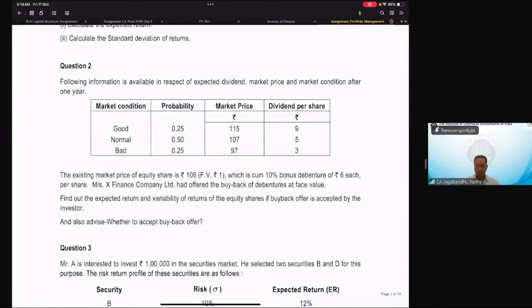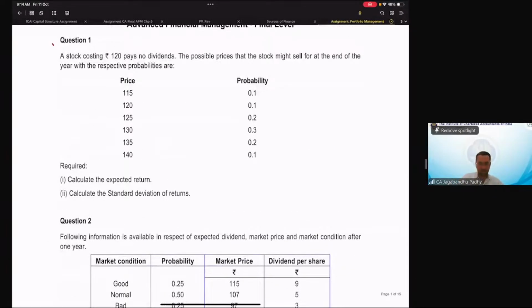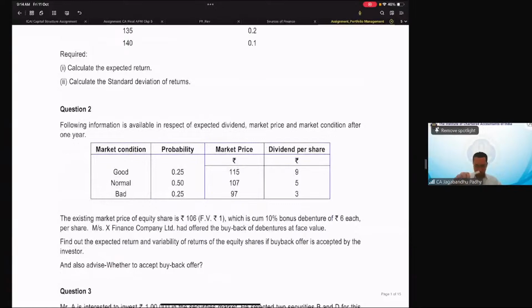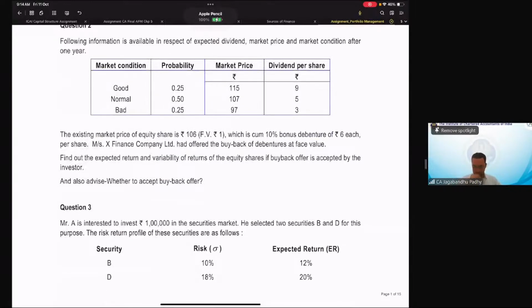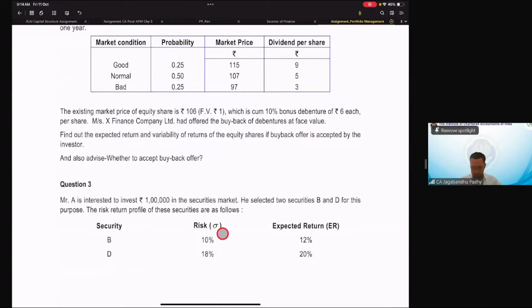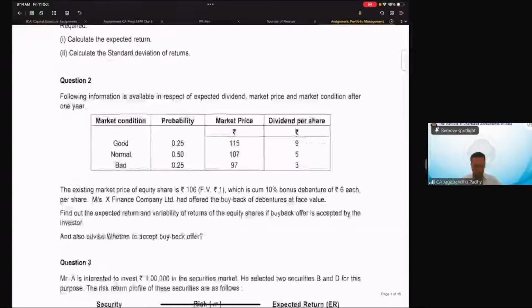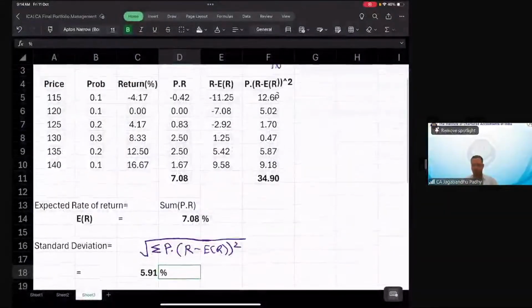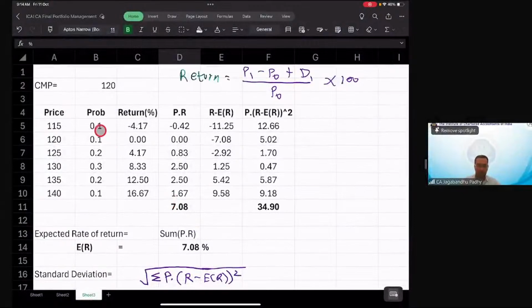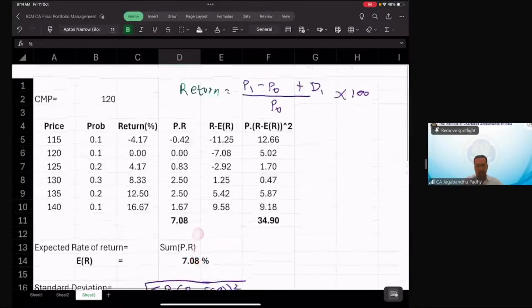Okay, now on similar lines, we'll have a look at question number 2, guys. One second. This was a case where we had the past probabilities given to us, and we were supposed to calculate the risk and the standard deviation.